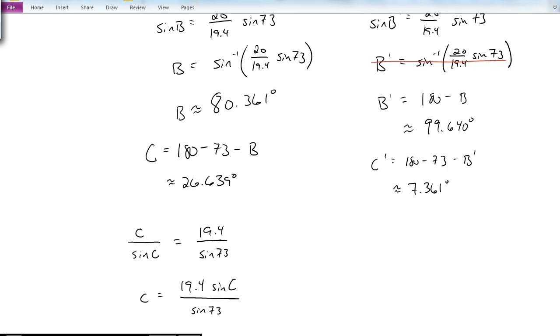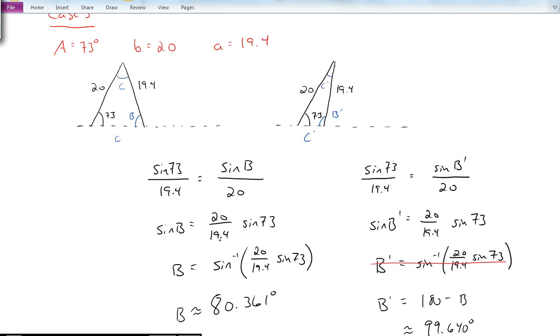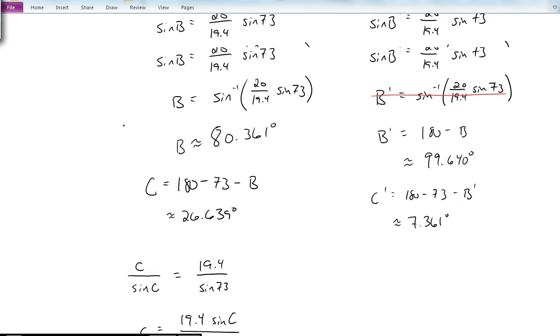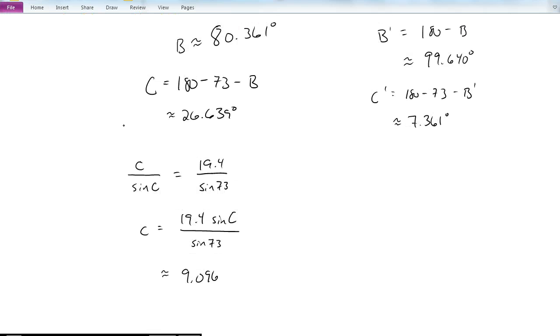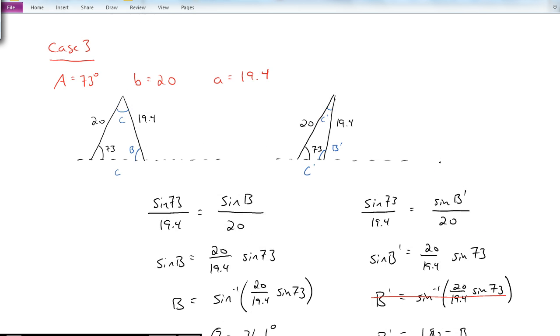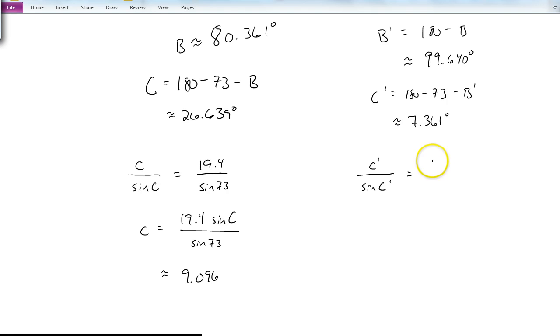Okay, and I go back to my picture and I make sure that that side length makes sense. Does that make sense to be 9? Sure, that's an acceptable number, roughly 9. Okay, that's good. And then C prime over here is going to follow a similar pattern. So side length C prime over the sine of angle C prime should also equal 19.4 over the sine of 73.